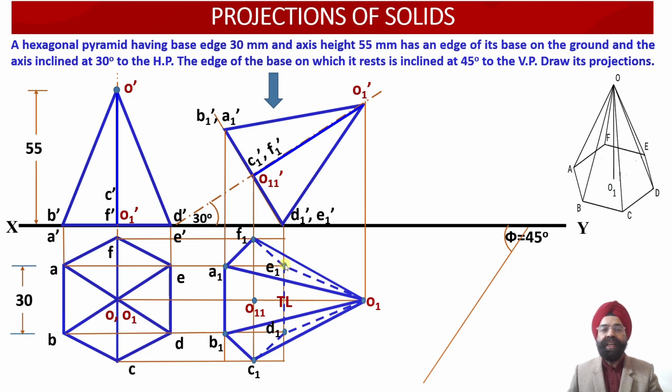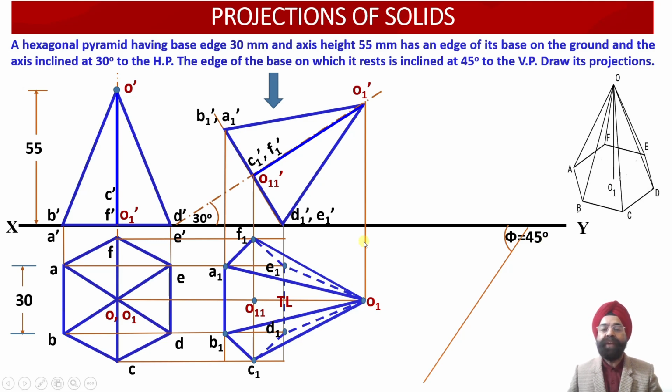Now since we have got this true length available over here, the inclination of this true length with respect to VP will be marked by this angle phi. Now, E1 D1 will be resting onto this orientation line, which is inclined at an angle of phi equal to 45 degree with respect to the vertical plane.